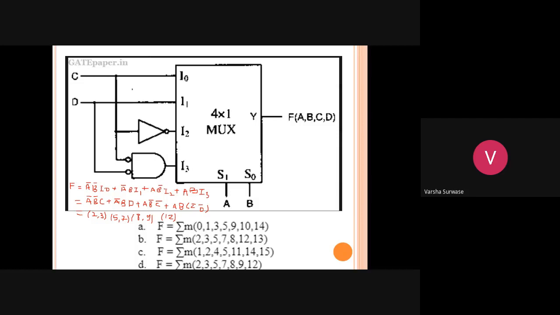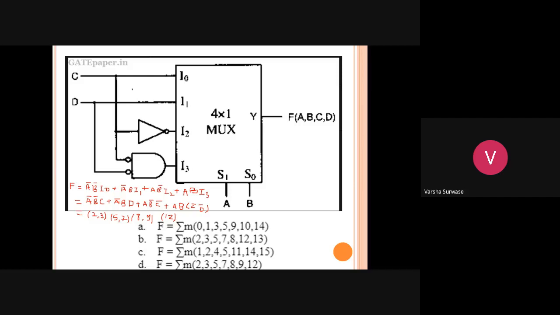In the second term A bar B D, C is absent. In the term A B bar C bar, D is absent. So in these three, one variable is absent, and by using the standard sum of products you have to calculate the minterms.